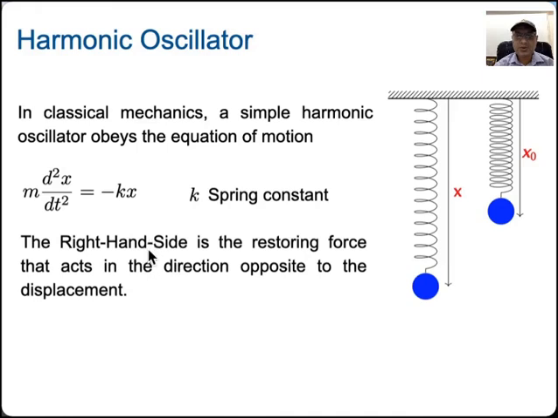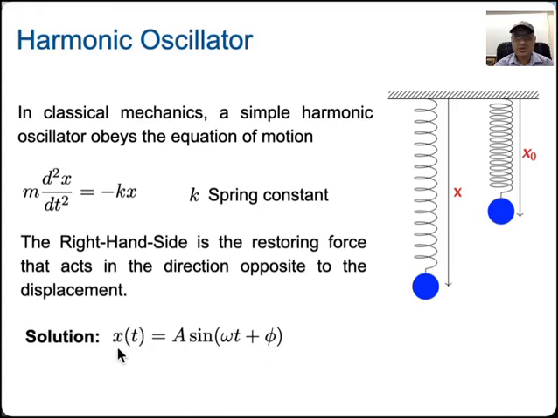Now the solution of this standard equation is written in the following fashion, where the displacement is x equals A sine(omega t plus phi), where A is the amplitude of the oscillation of your harmonic oscillator, omega is the frequency of your oscillation, and phi is the phase.